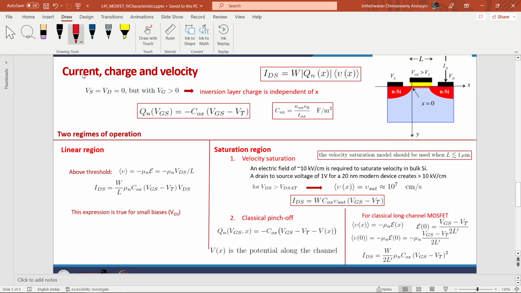Where do I expect the capacitance to occur? Between the gate and channel. Exactly. So I will want the capacitance to occur somewhere between here and here. Yes, sir. So I want the capacitance to be in this region.